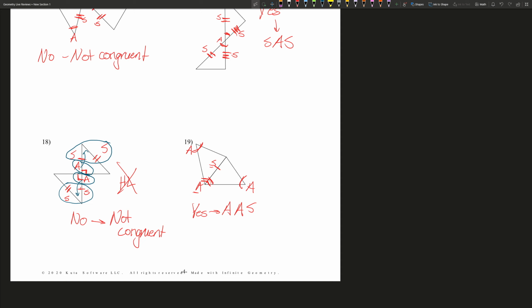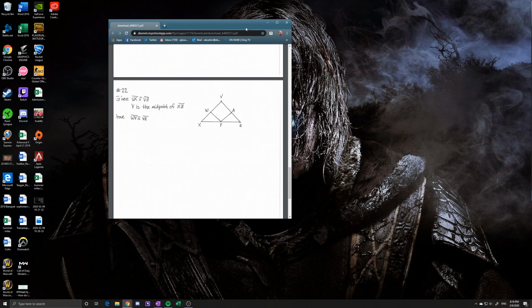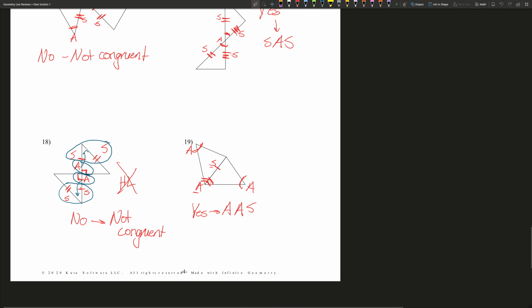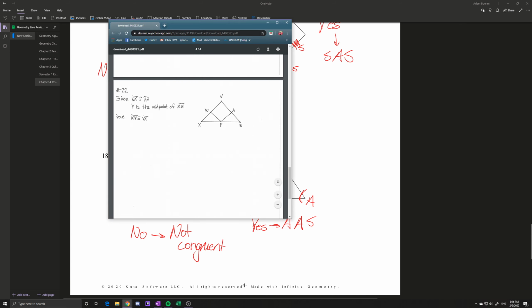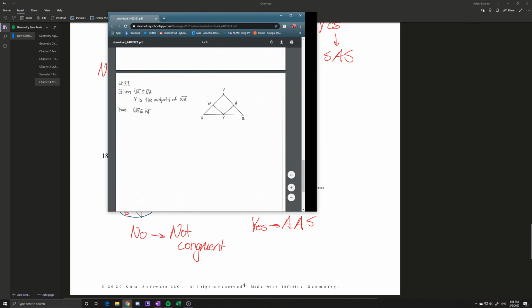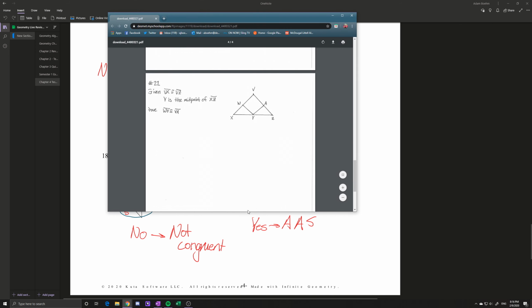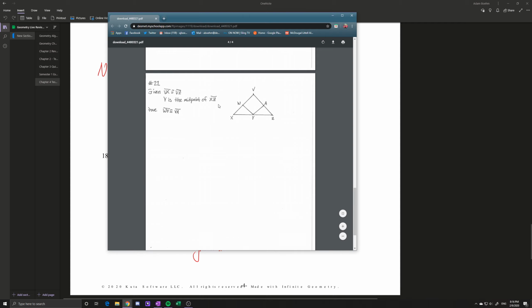Okay. So number 22, if it's out in front of you. If not, here it is. Number 22. I think I am missing part of the given there.